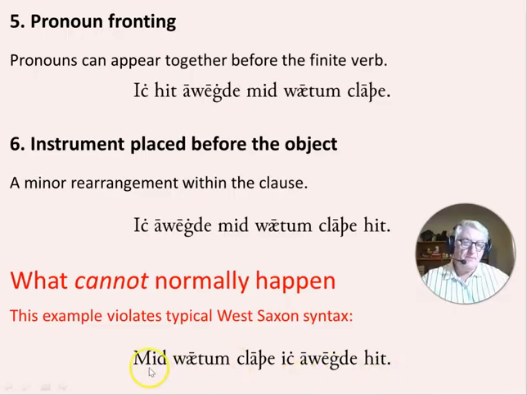But mit wētum clāþe, ich ā-wēġde hit, no. Generally not, unless you're playing with the language in some way, and that's clear to those listening to you. You could have mit wētum clāþe ā-wēġde ich hit, as I showed earlier, but not with the verb in third place.